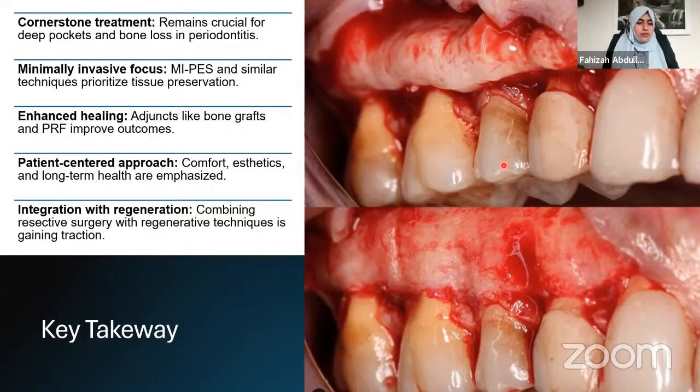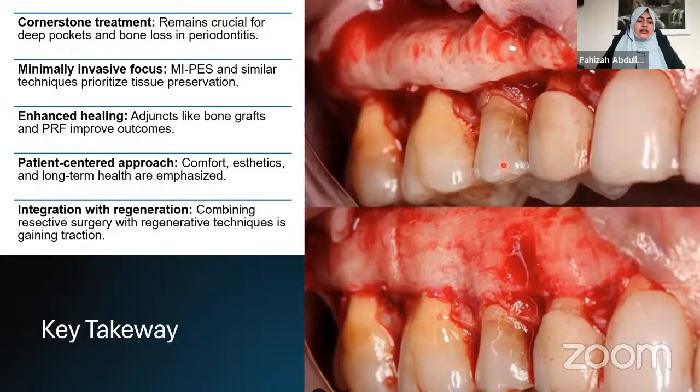So probably just the marginal bony level contouring, and not involving the traditional osteectomy procedures where you have to involve the supporting bone of the tooth as well. And these kinds of recent advances have led to enhanced healing with adjuncts of bone grafts and PRF.